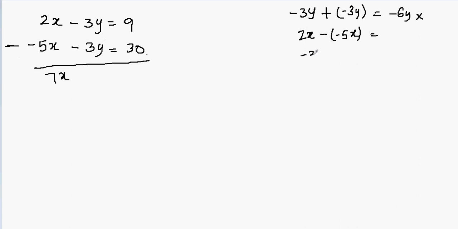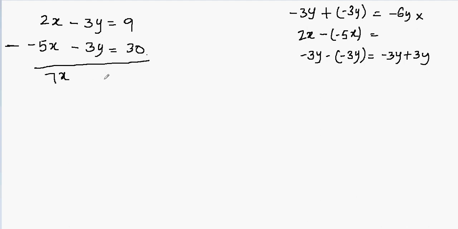If you have two negative signs next to each other, you change them into one single sign. Negative times negative is always positive. So we'll get a positive sign here. This is 3y. So -3y and positive 3y will be 0, and they will cancel out each other. So we have eliminated y from here.